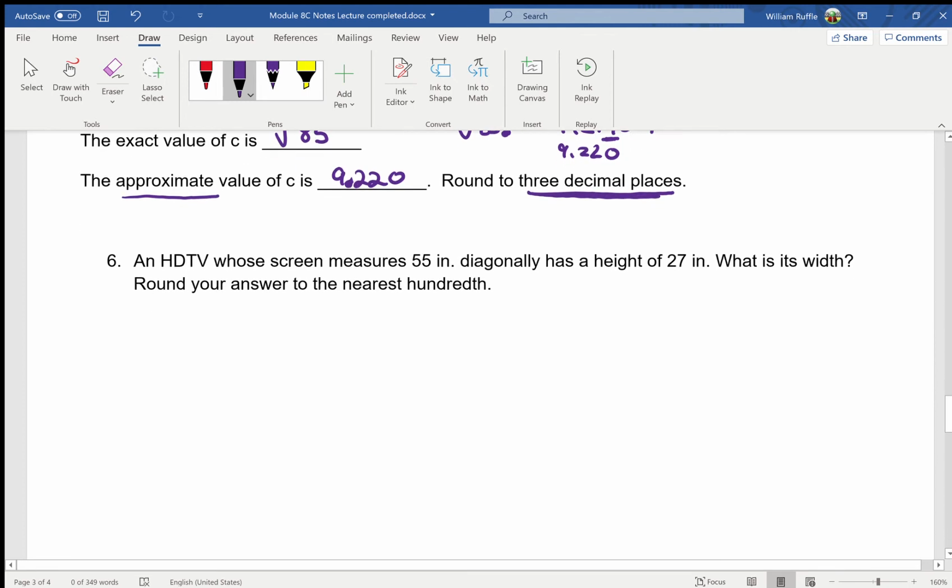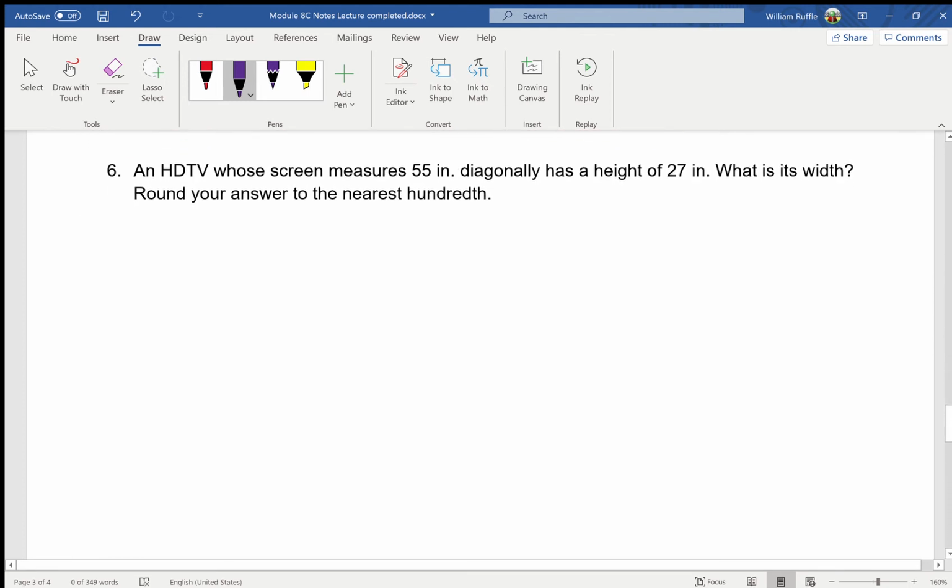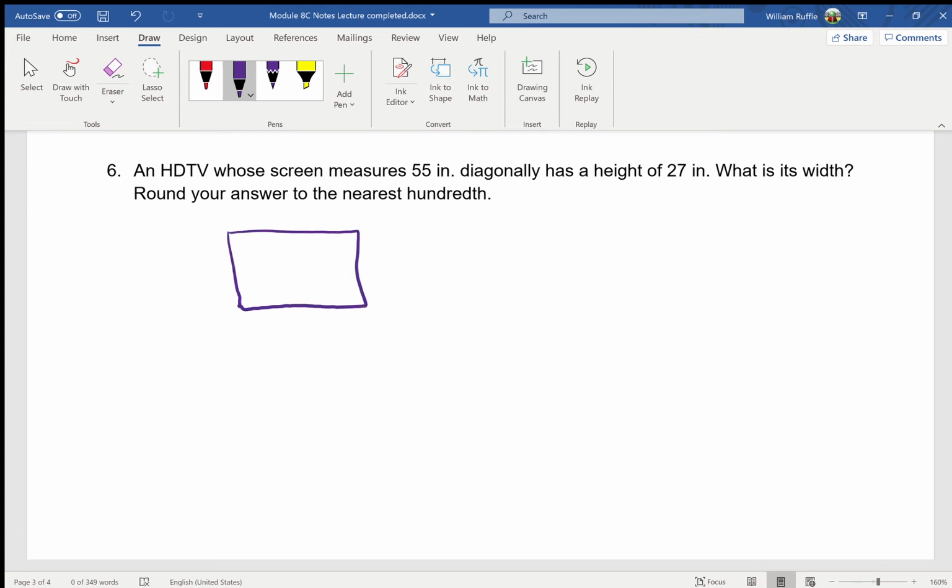Alrighty. Now, I know this doesn't say Pythagorean theorem, but this is another Pythagorean theorem question. So we have an HD TV whose screen measures 55 inches diagonally. Now, televisions are usually in rectangular form here.